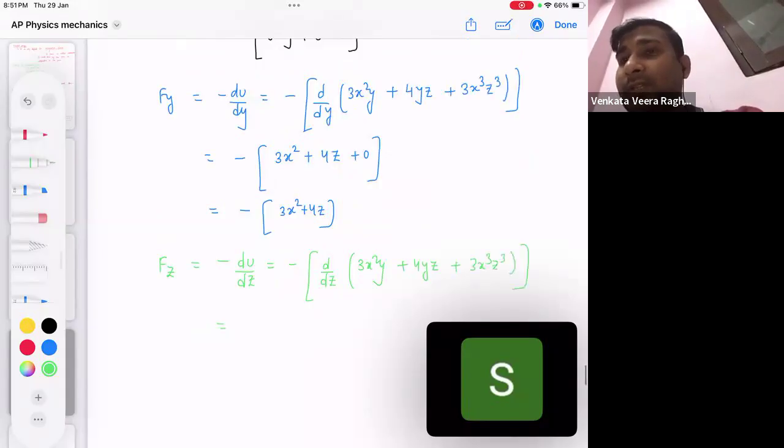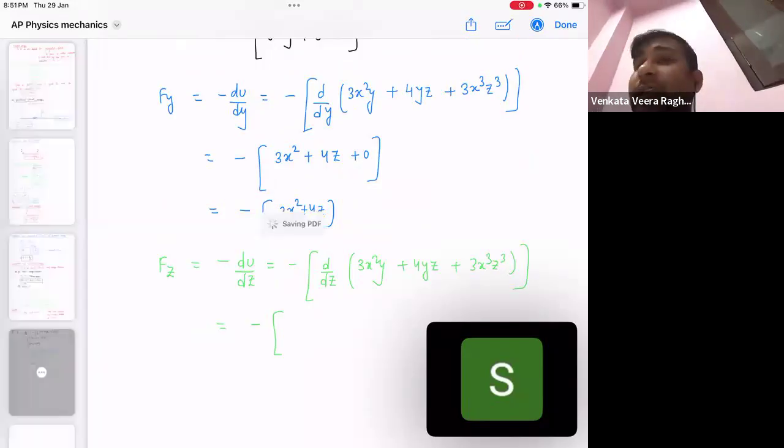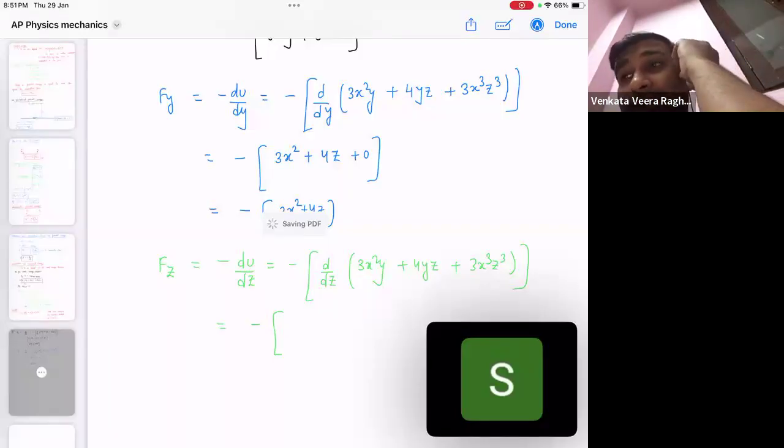Differentiate it: in the first term, 3x squared y is all constant, so its differentiation will be 0. Whenever you do the partial derivative with x, y, or z, the variable is the one you differentiate, and anything else in the expression you treat as a constant.